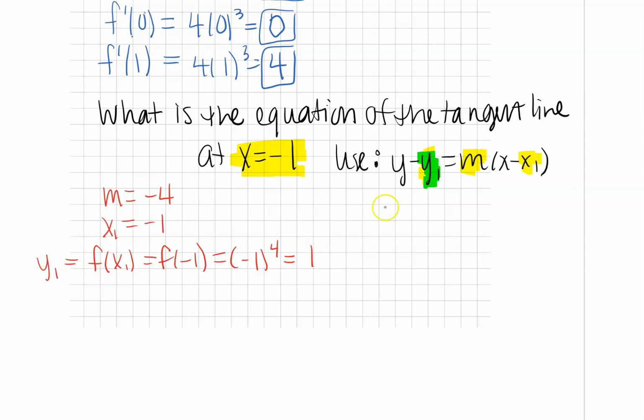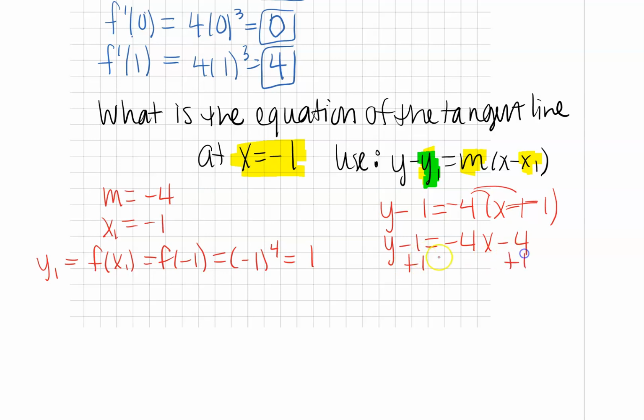So I can now work it from over here. I'm going to say y minus 1 is equal to m -4, x minus -1. Be careful with those negatives. So you've got to remember how to find equations of lines like we did in algebra and in pre-calc. Now clean this up. This gives me y minus 1 is equal to, distribute, negative and negative makes a positive, so I end up with -4x minus 4.